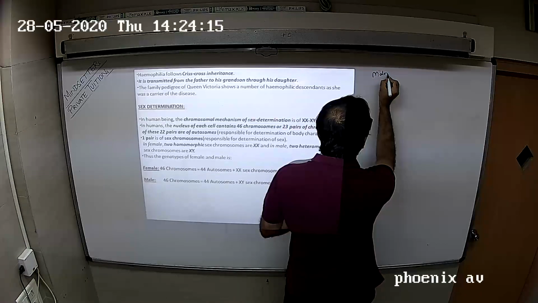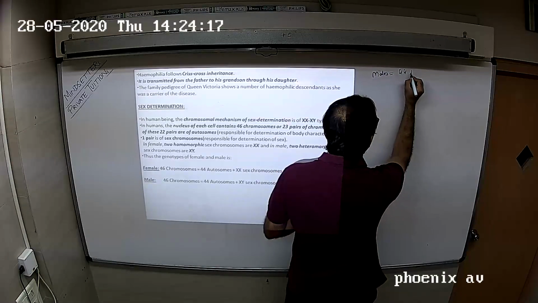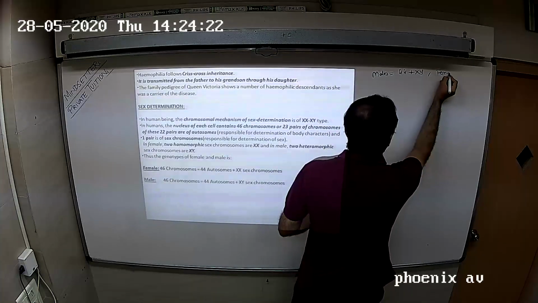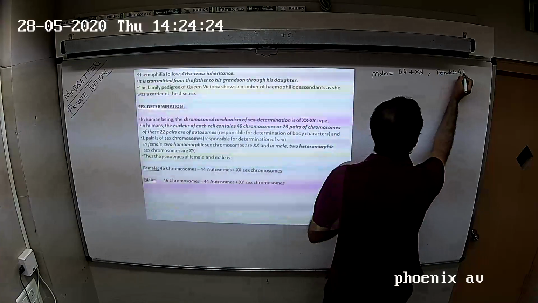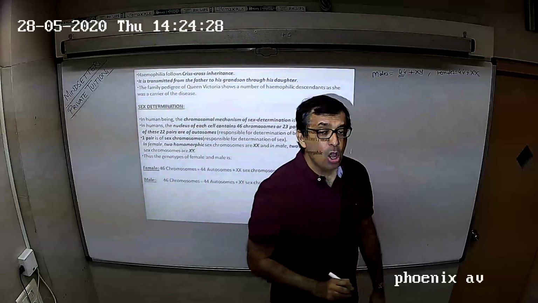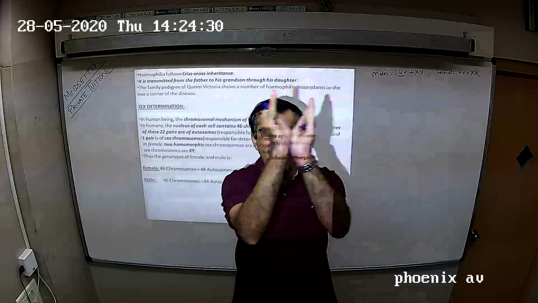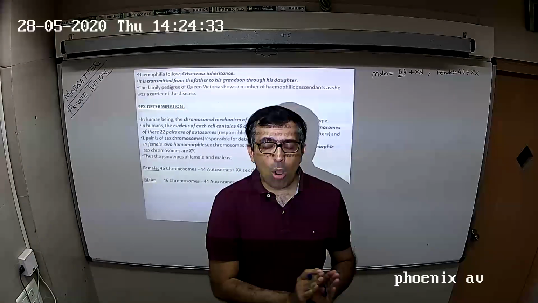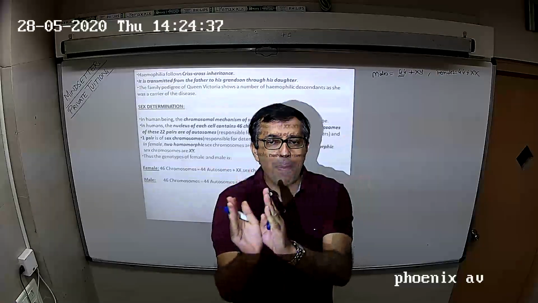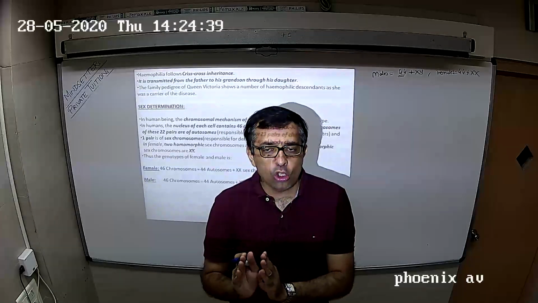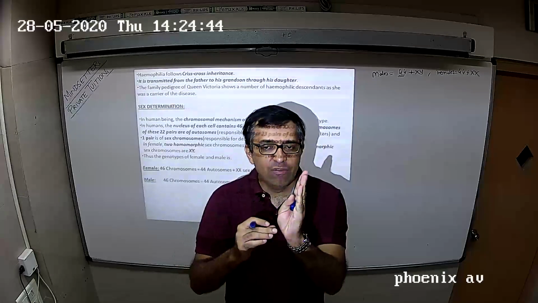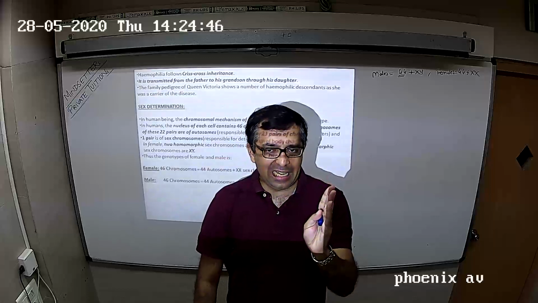Males are 44 plus XY, females are 44 plus XX, of which 44 are autosomes, somatic chromosomes, in the form of 22 pairs.